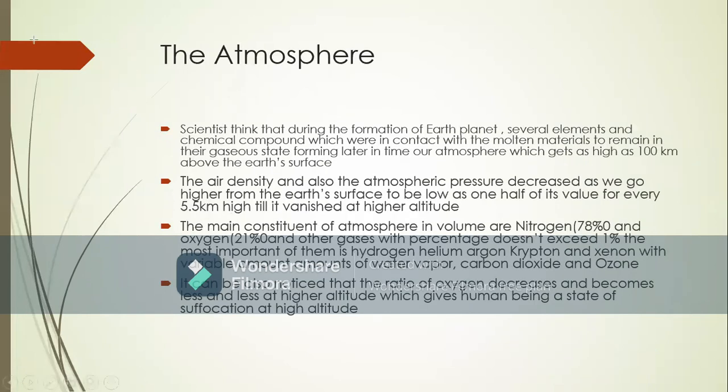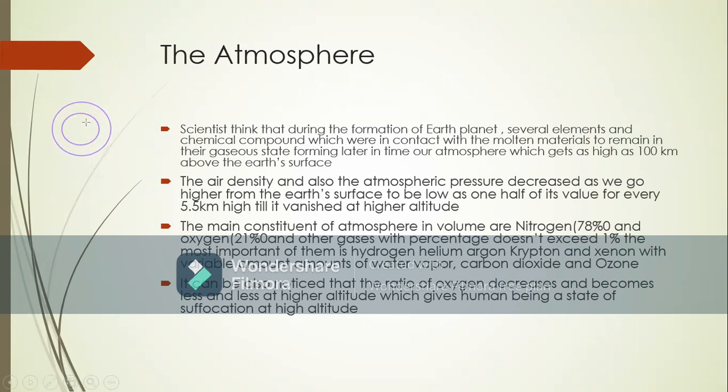Let us make a review. Imagine that this is the Earth, and the Earth's surface is the crust. From inside to outside, this is the inner core, surrounded by the outer core.